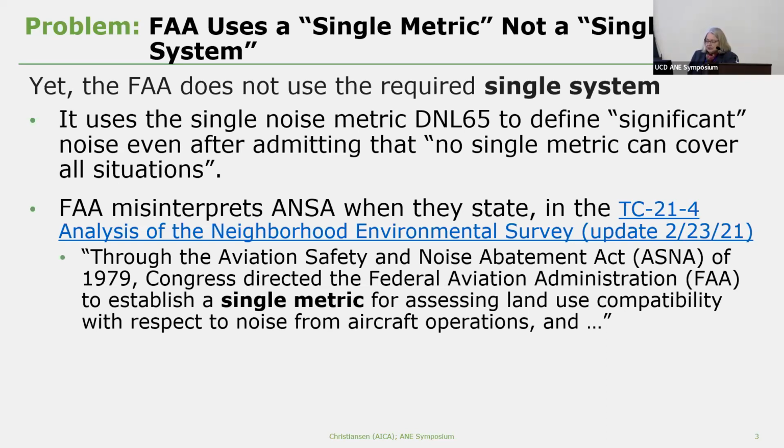It uses the single noise metric DNL 65. As you know, the FAA also misinterprets ASNA when they state in their neighborhood environmental study report that Congress directed the FAA to establish a single metric. As you saw, that's false. It's a single system.